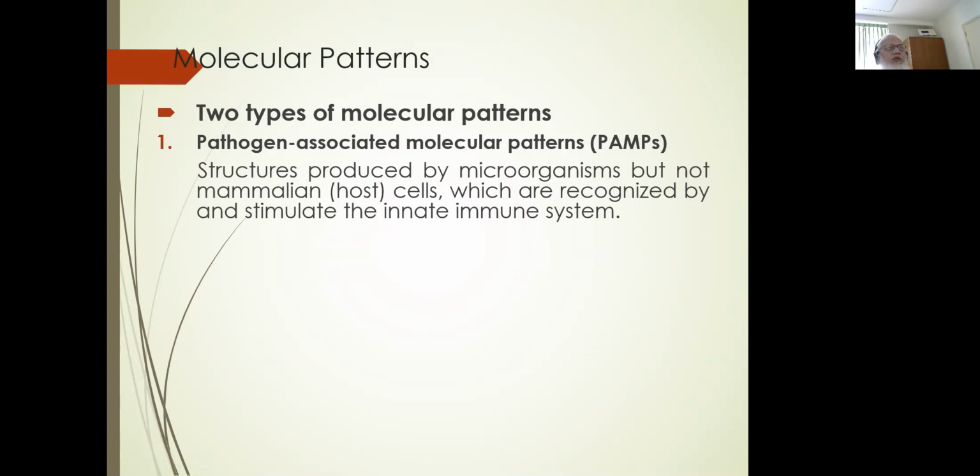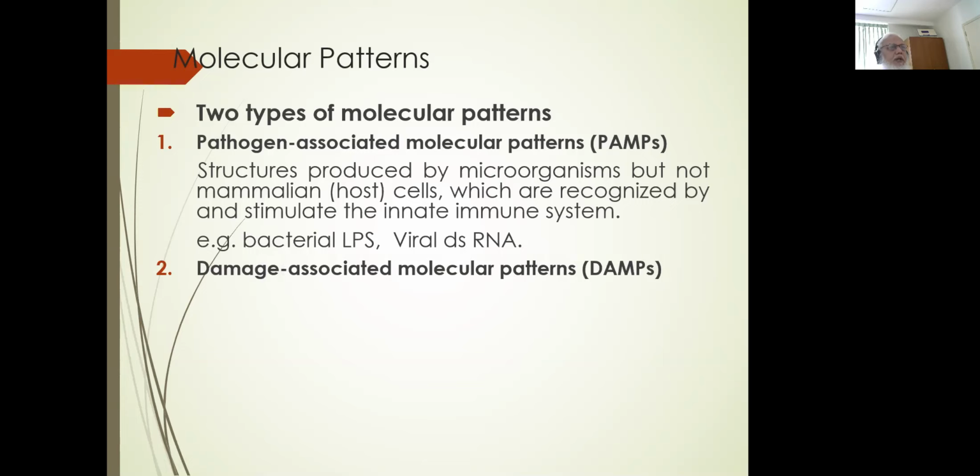The innate immune system has pattern recognition receptors. For example, bacteria have lipopolysaccharide, flagella, capsule. These structures are not present in our cells, in human beings. Similarly, viruses have double-stranded DNA. We don't have that. Similarly, many other structures.